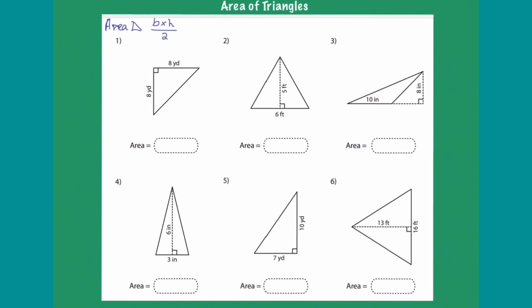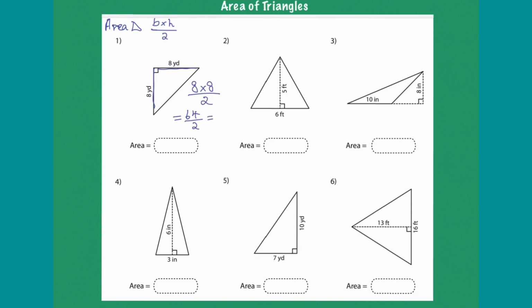So let's get on with it and let's do it, okay? So all you have to do is, your base is 8 and your height is 8. So 8 times 8 divided by 2, which means 64. 8 times 8 is 64.